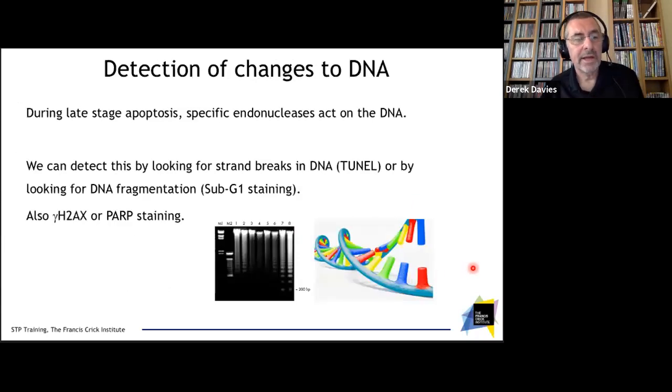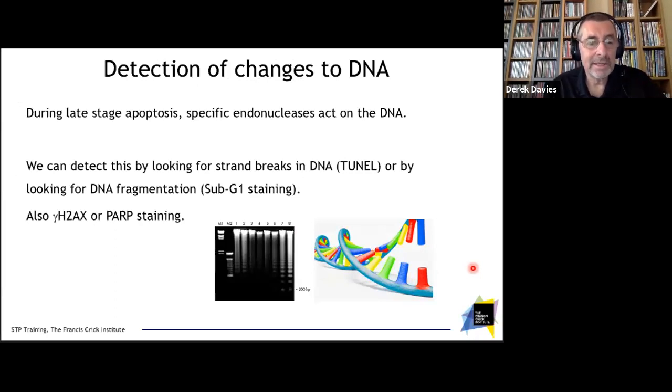So we can also detect apoptosis by looking at the DNA. Remember though, the DNA changes tend to be fairly late in the apoptotic pathway. And we can do this detection by several different methods, but two common ones. One of them is looking for DNA fragmentation by this thing called the sub-G1 method, which again, if you've done any apoptosis analysis, is probably one of the methods that you're likely to have come across.